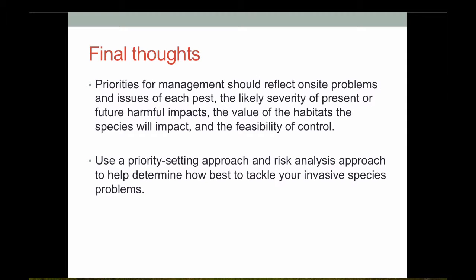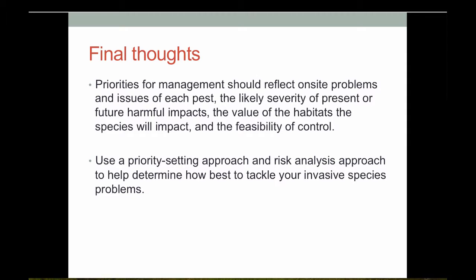On the flip side, you may be dealing with something like honeysuckle, that if you can control it and continually maintain it with volunteers going in and pulling them out, that may be something that you can really do and do well and control and regulate, and as a result really have a positive and beneficial effect of invasive species control in that ecosystem.